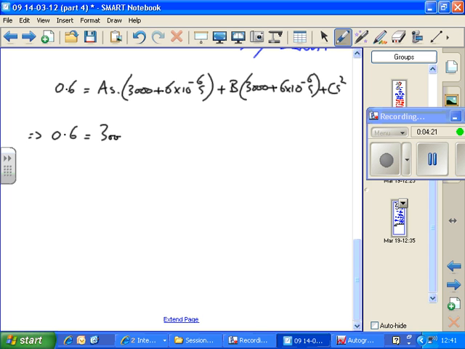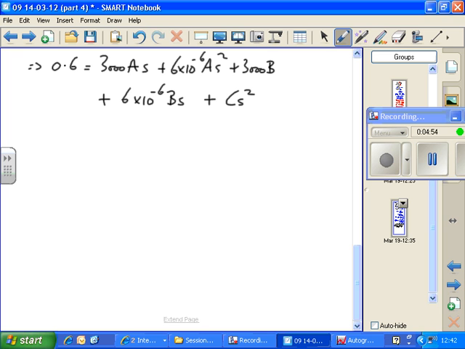3000 AS plus 6 times 10 to the minus 6 AS squared plus 3000 B plus 6 times 10 to the minus 6 BS plus CS squared.